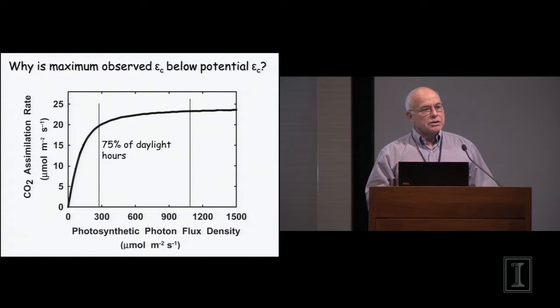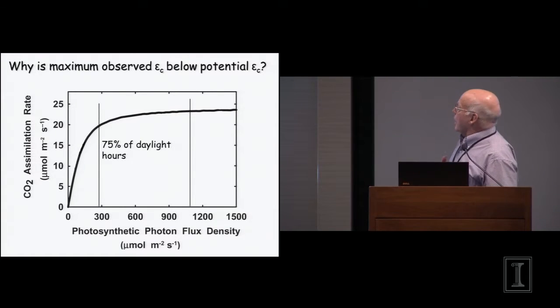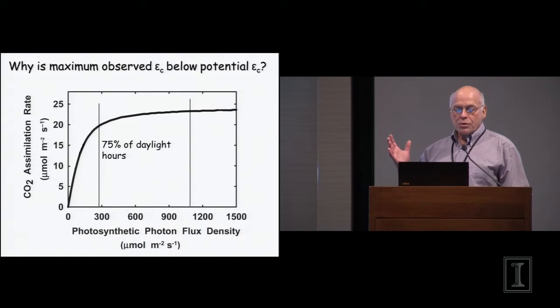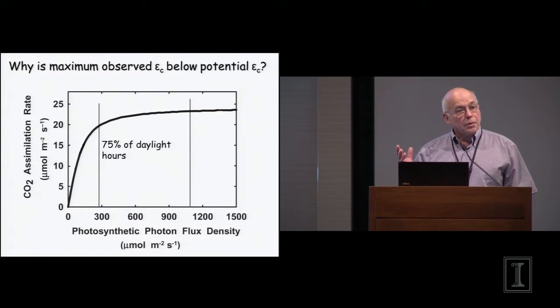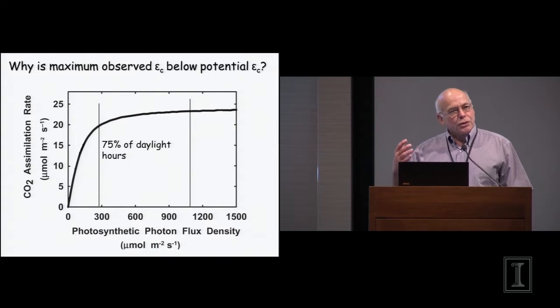A big part of it is explained in this slide, which shows the relationship between photosynthesis and the available light. In central Illinois in the summer, maximum light intensities on a clear day are around 1,800 microeinsteins per meter squared per second. What this slide shows is that photosynthesis in a soybean plant saturates at about 20% of that.